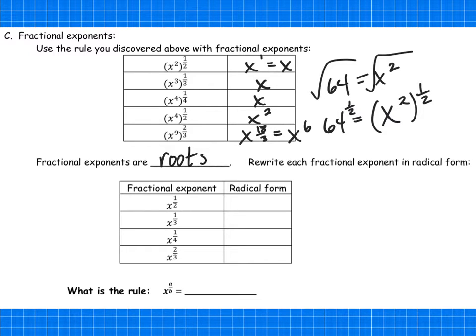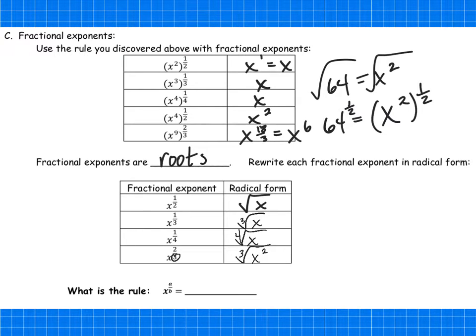So if I'm rewriting the radical form of x to the 1/2, that's the square root of x. X to the 1/3 is the cube root of x. X to the 1/4 is the 4th root of x. And if I have x to the 2/3, then this stays in that cube root, but it's going to be the cube root of x to the 2nd.